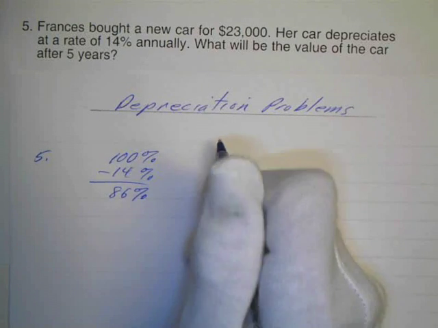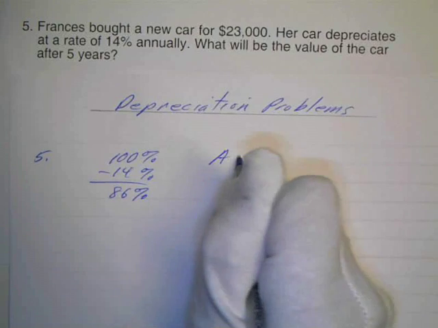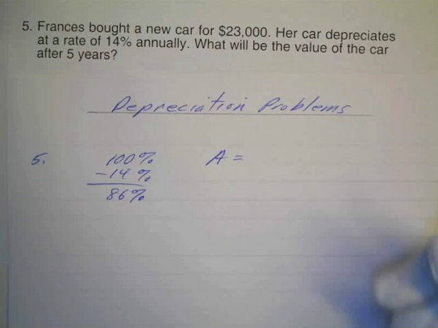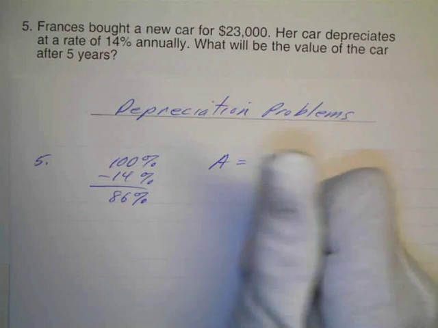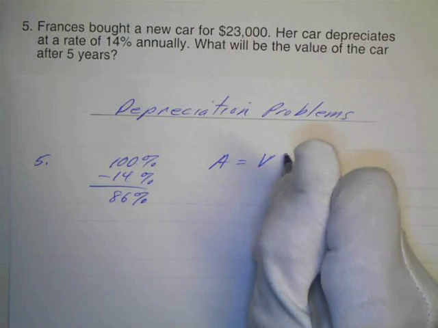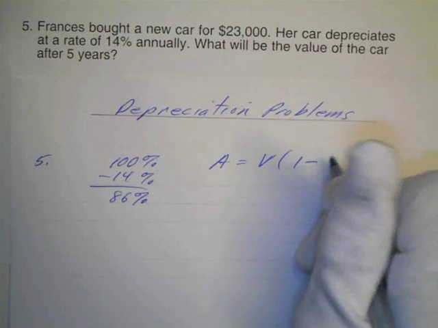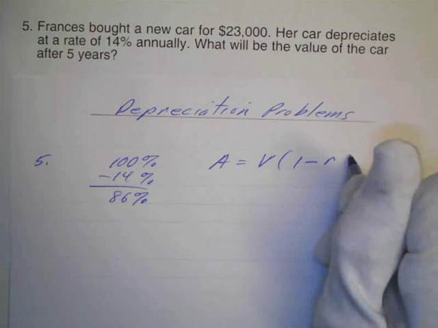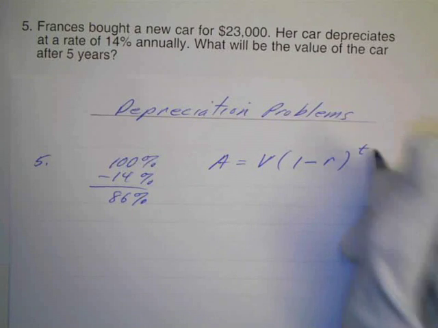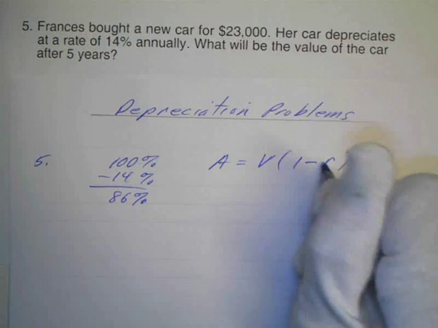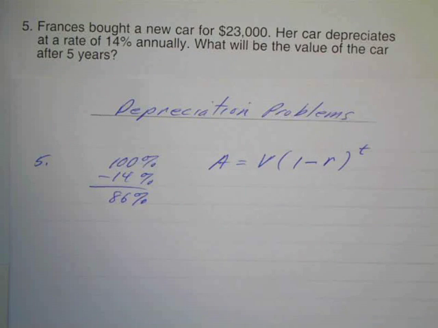Depreciation, or the amount, equals the initial value times 1 minus the rate and the number of years. That's kind of an easy formula, but I never wrote it like that, but I guess that would work.